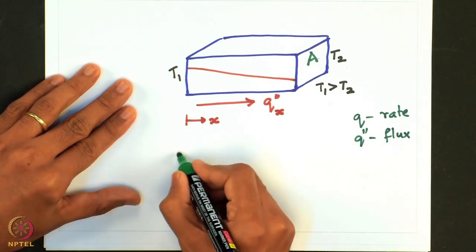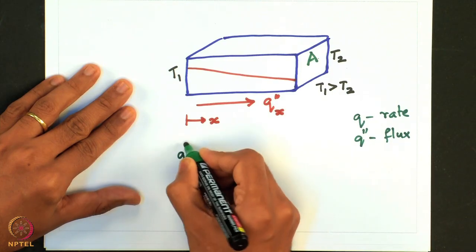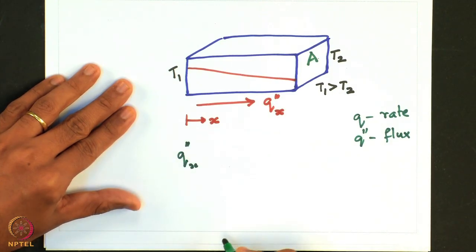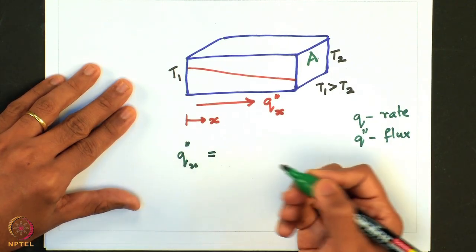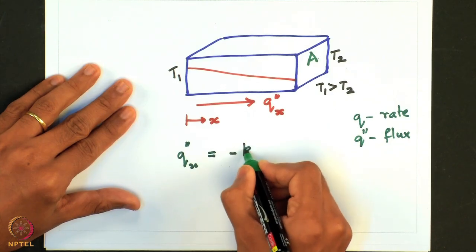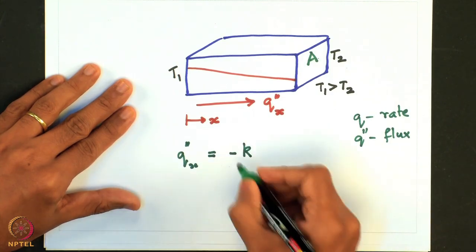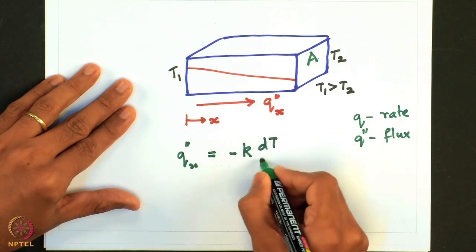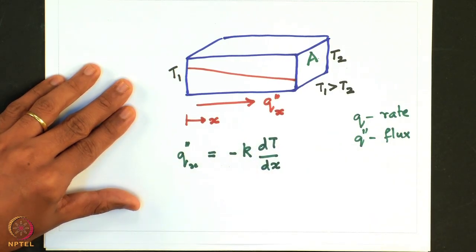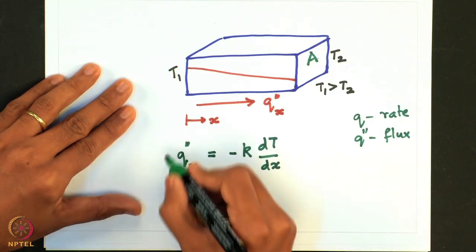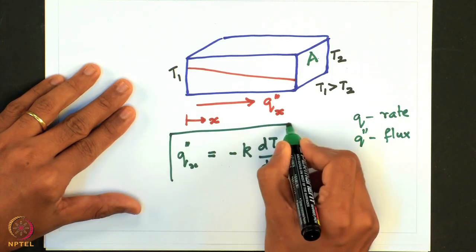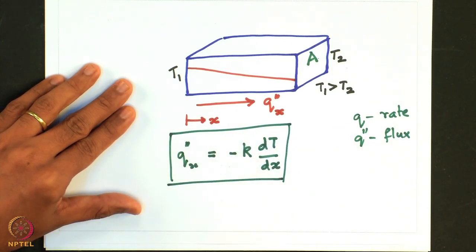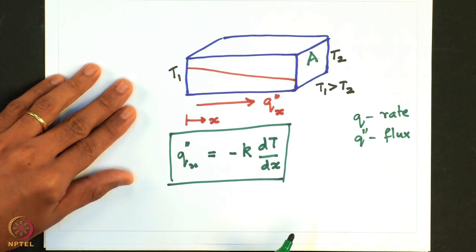So, Fourier's law says that the flux of heat transport in the x direction for this case is given by minus k, which is the conductivity of the slab, times the temperature gradient in that direction. That is the relation between the flux of heat transport and the corresponding temperature gradient, which is the driving force.